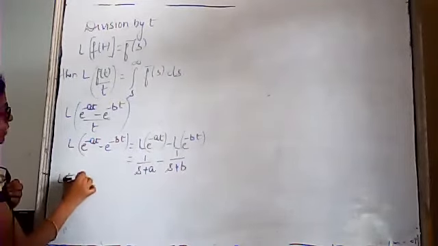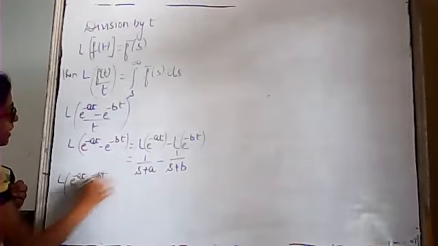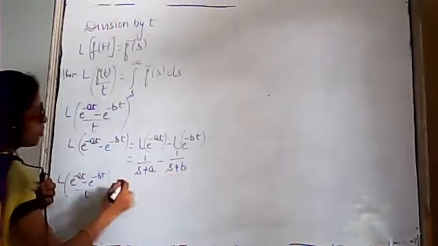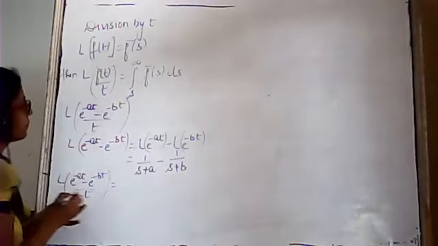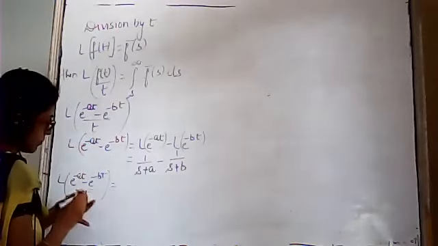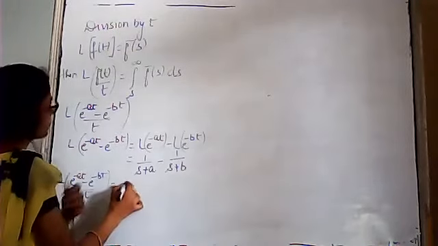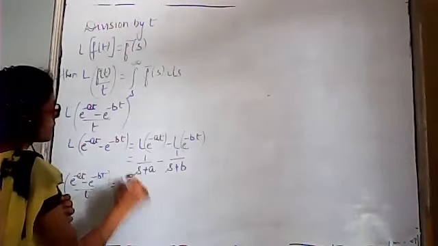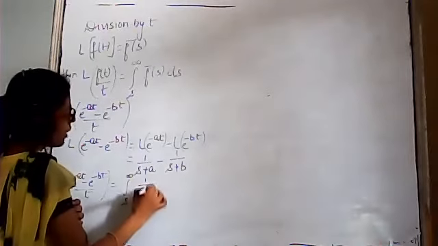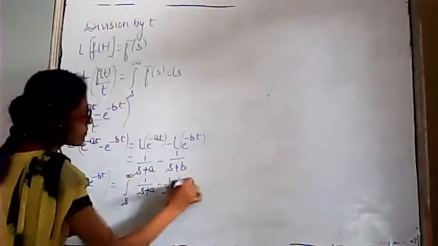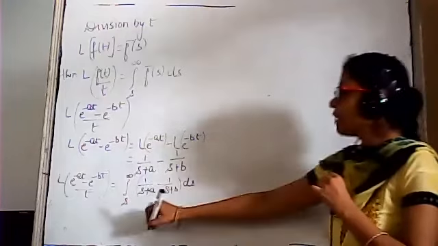So Laplace of (e^-at minus e^-bt) upon t will be equals to, whatever the result is, you have to integrate this result within the limits s to infinity, 1 upon s plus a minus 1 upon s plus b ds. I hope that you all can find the integration value.